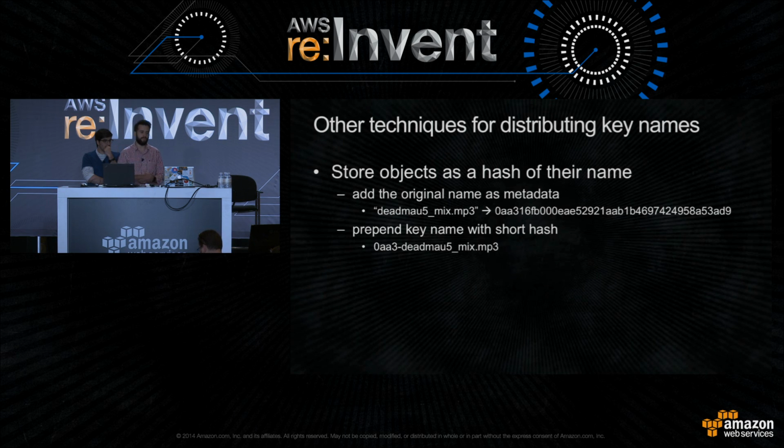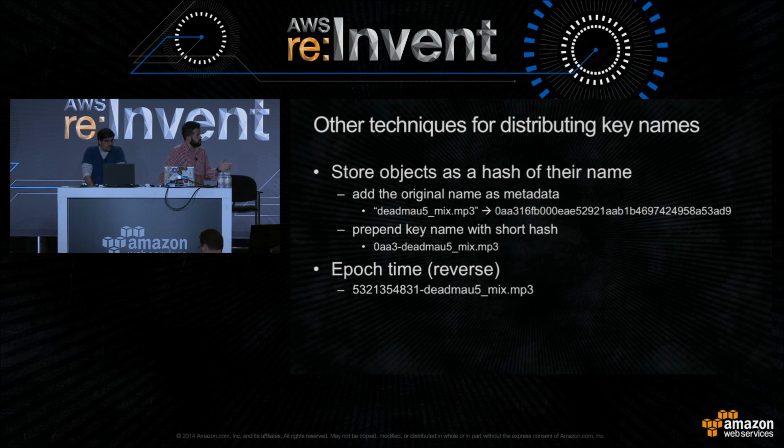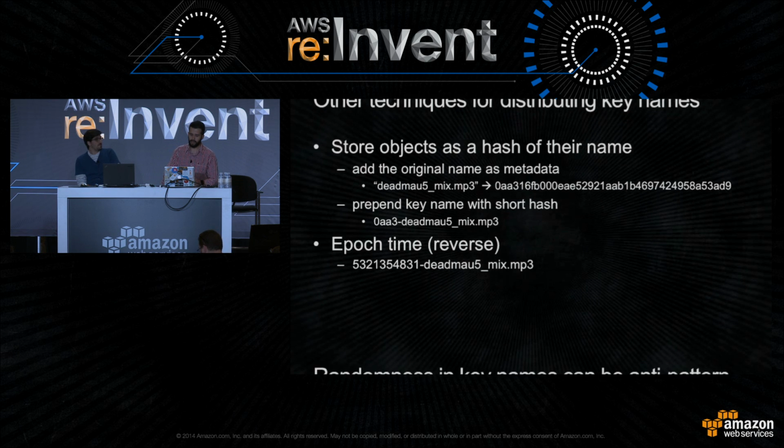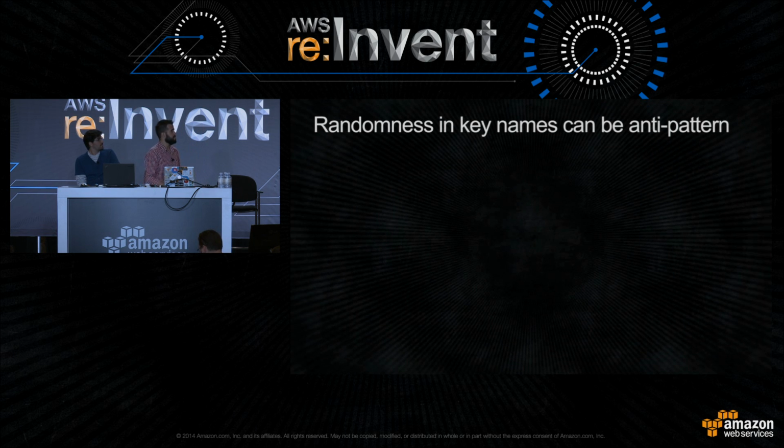It is also a viable option. And also, we have the reversed epoch time. So you just take the current time, reverse it, and prepend it to the object name. It is also another viable option. This is good. This is awesome. But sometimes, using this can be an anti-pattern.